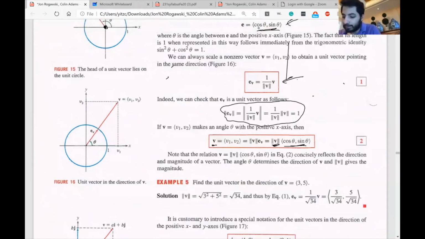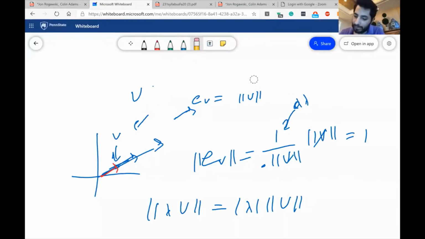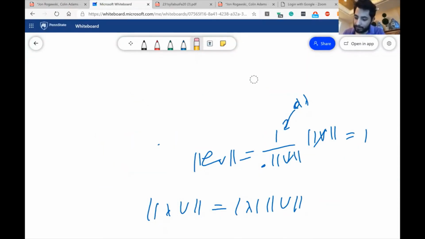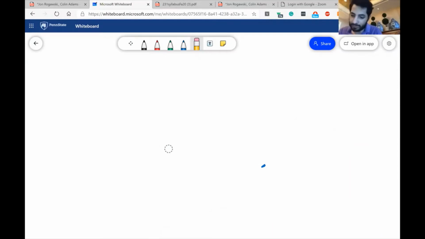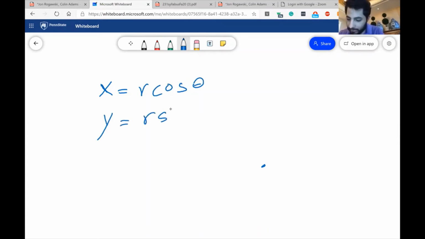And so any vector in general, you can just multiply by V over here. So the magnitude of V in this situation is actually equal to R. So like I said before, we have that x is equal to R cosine of theta, and y is equal to R sine of theta.